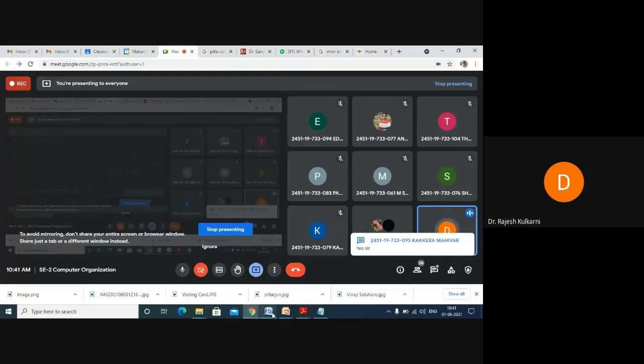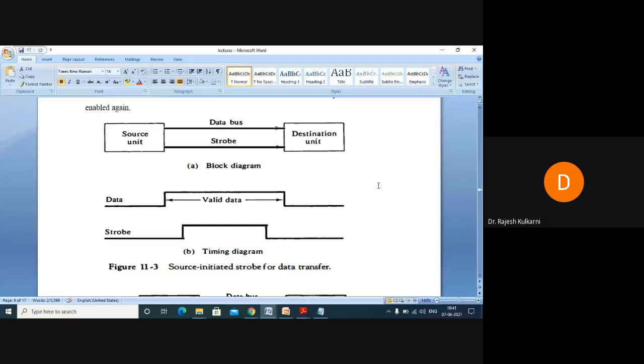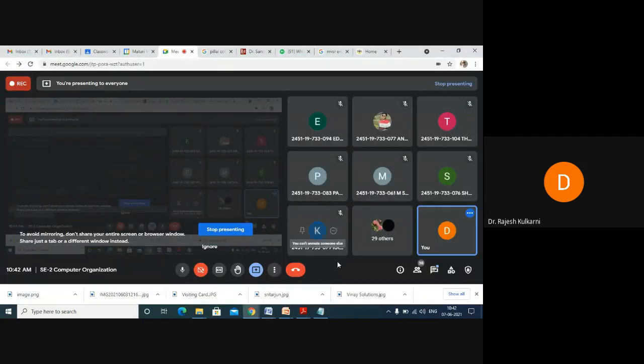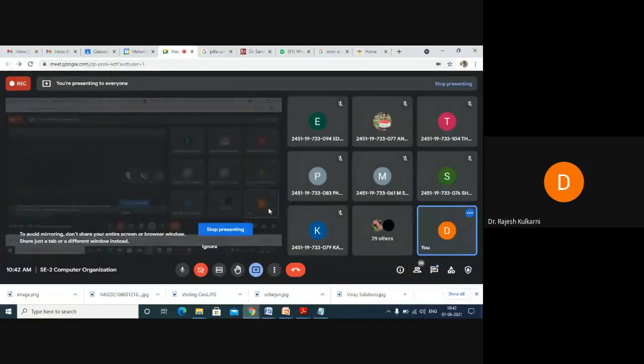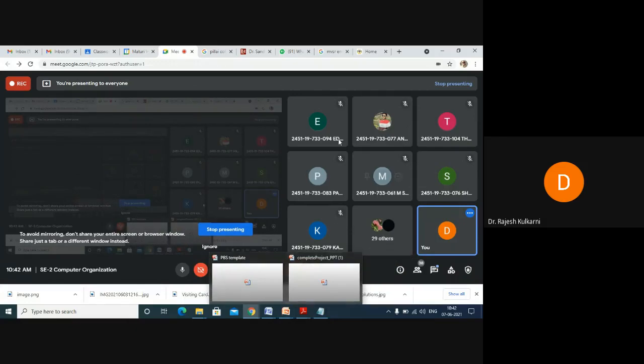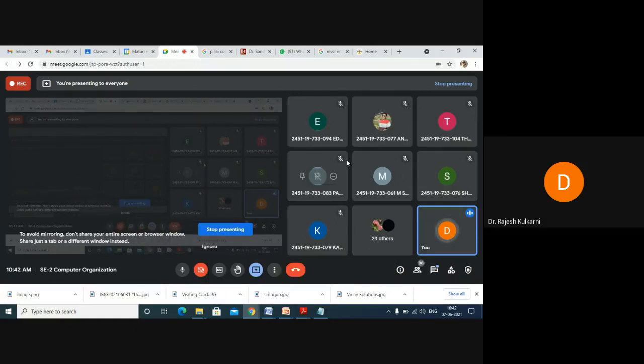Mahivar, can you explain this simple diagram to me, please? Or anybody in the class? Who will explain? Please come forward.